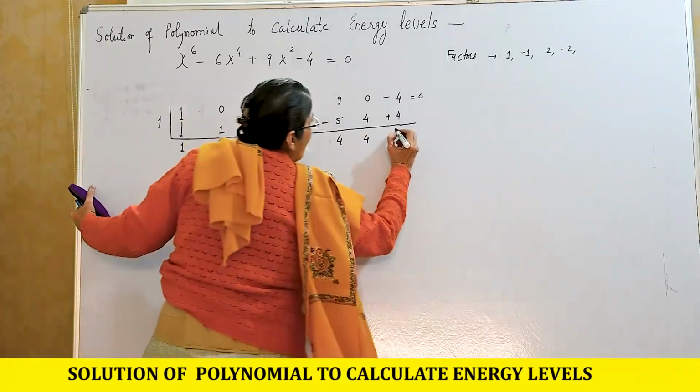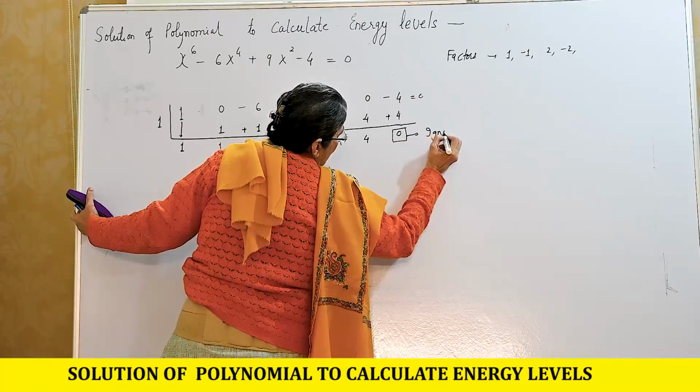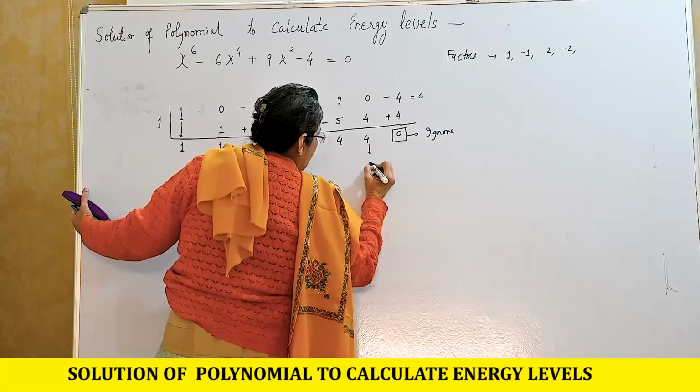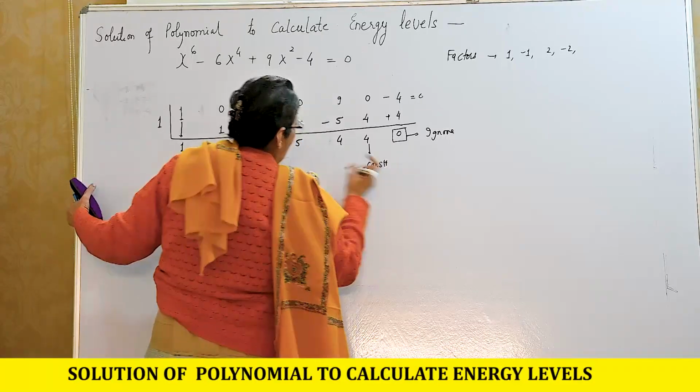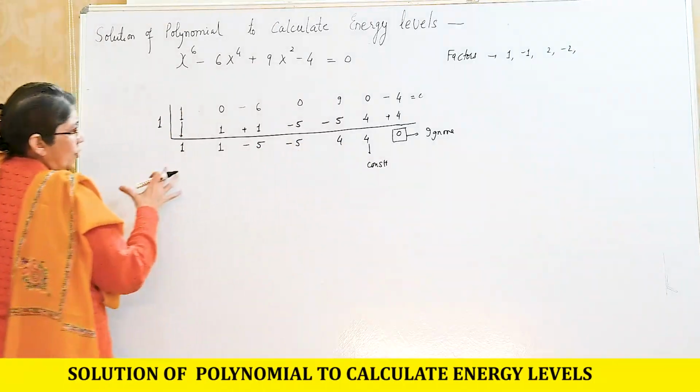We ignore this 0, and this is the constant. Then we get another polynomial with these coefficients.